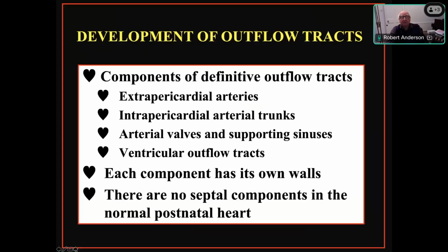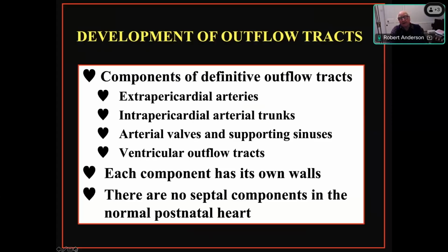And that means that in the postnatal heart, within the outflow tract, there are no septal components. But what I'm going to show you is that there are structures during development that septate the initial outflow tract that had a solitary channel supplying both the systemic and the pulmonary circuits.